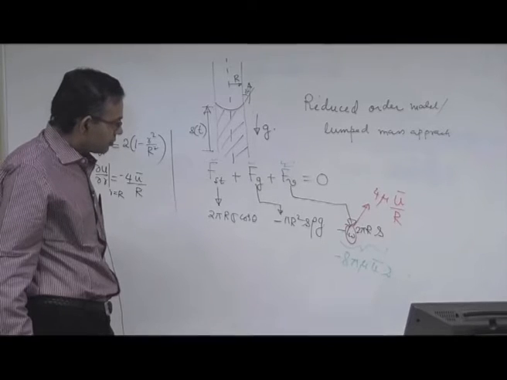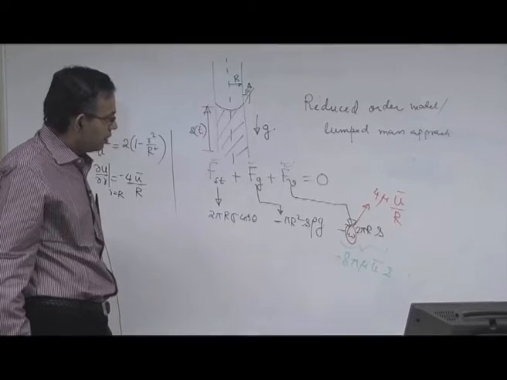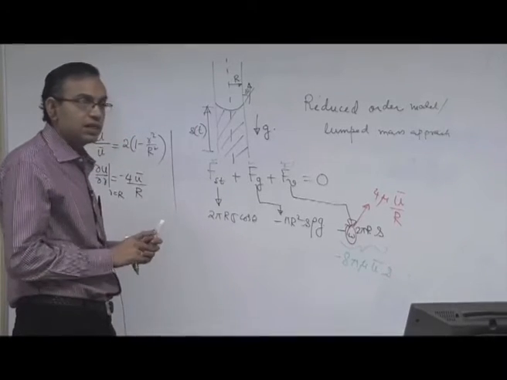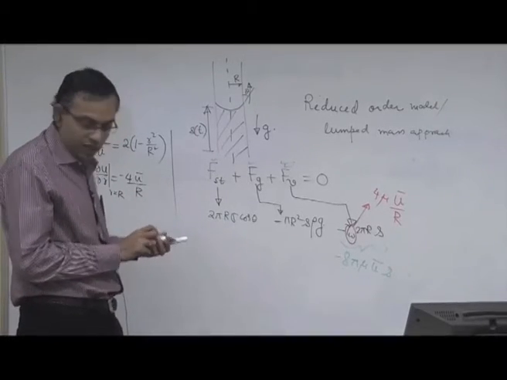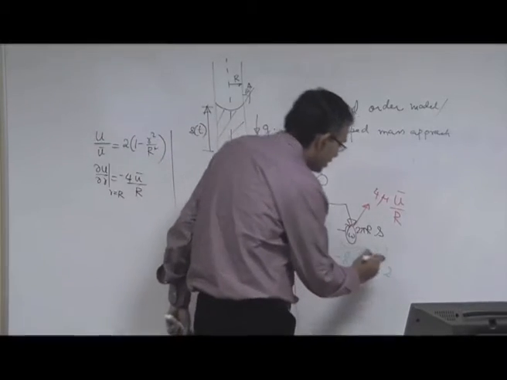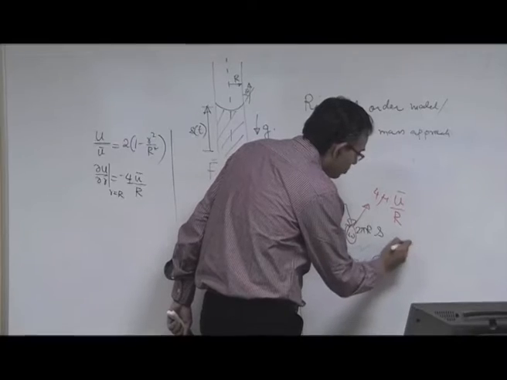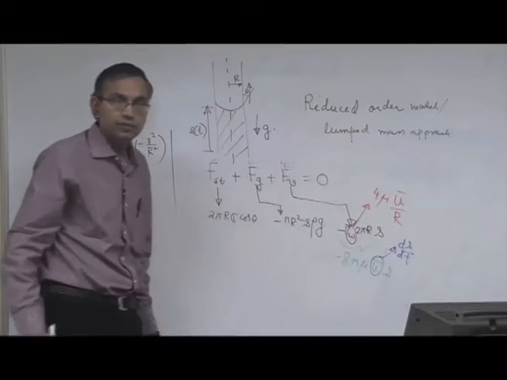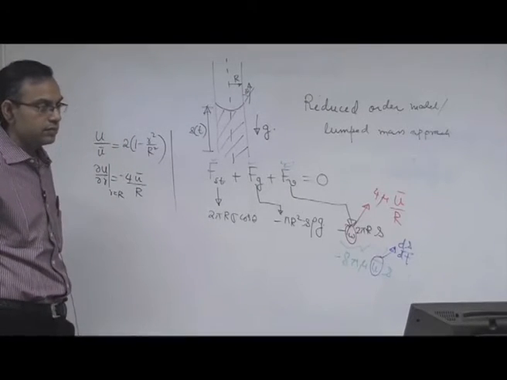Now, one important consideration, a very important consideration for this model, is that in a one dimensional paradigm, this u average we can simply write as ds dt, the rate of change of S with respect to time.